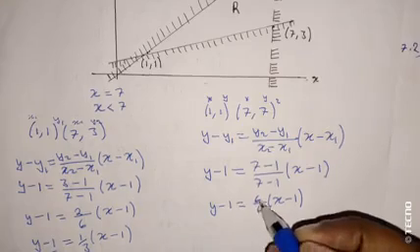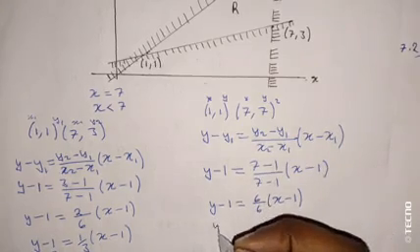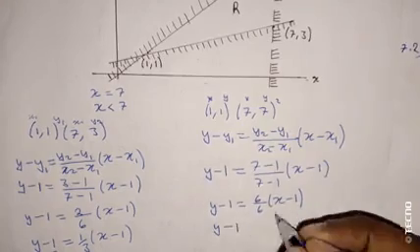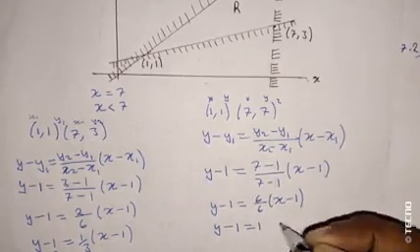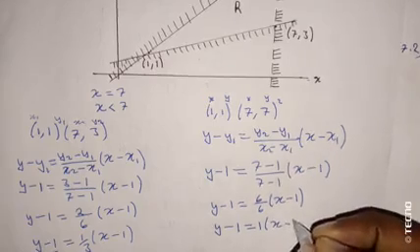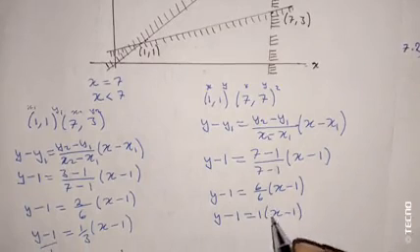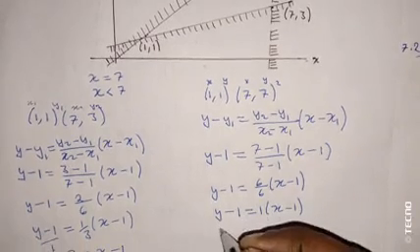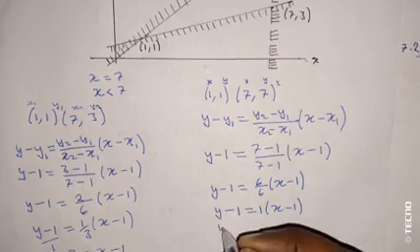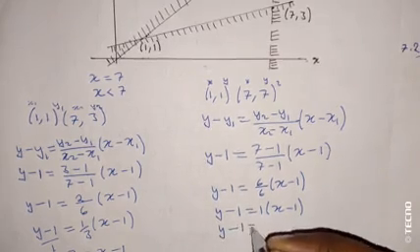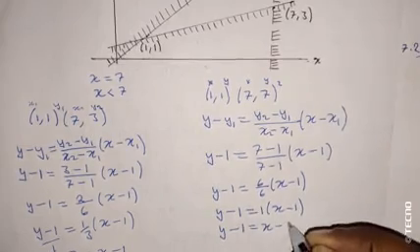Here we have 6 over 6, which is 1. So y minus 1 is equal to 1, open bracket, x minus 1. We open the bracket by multiplying throughout by 1, so y minus 1 is equal to x minus 1.